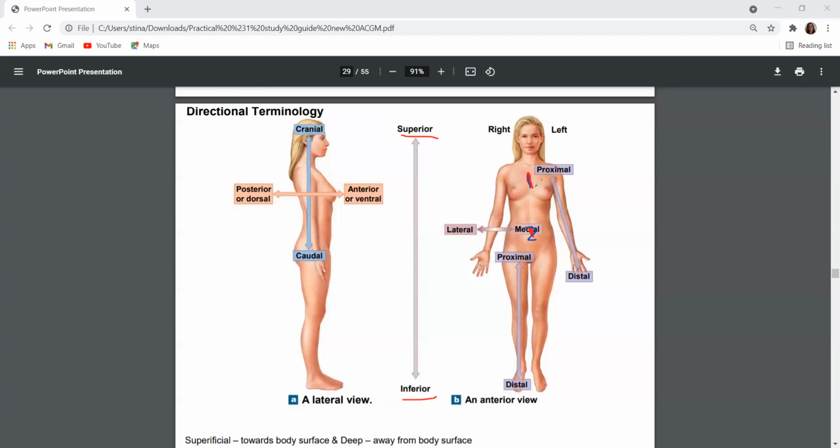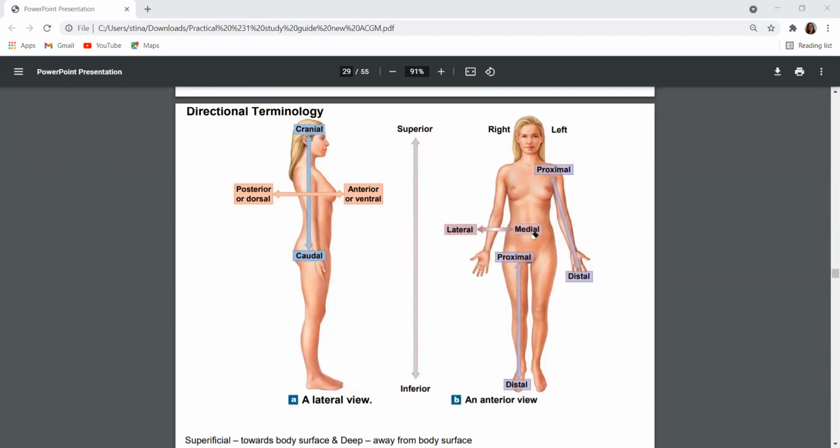So number 2 is what to number 1. My belly button, number 2, is inferior to my sternum, number 1, because it sits below. So whatever organ or body part you're putting at the beginning of the sentence, you're telling me where that one is, okay? So let's practice some more, because I know this is confusing.